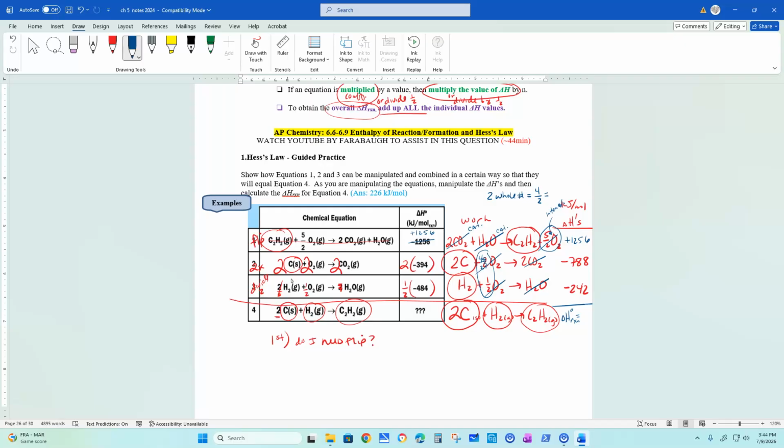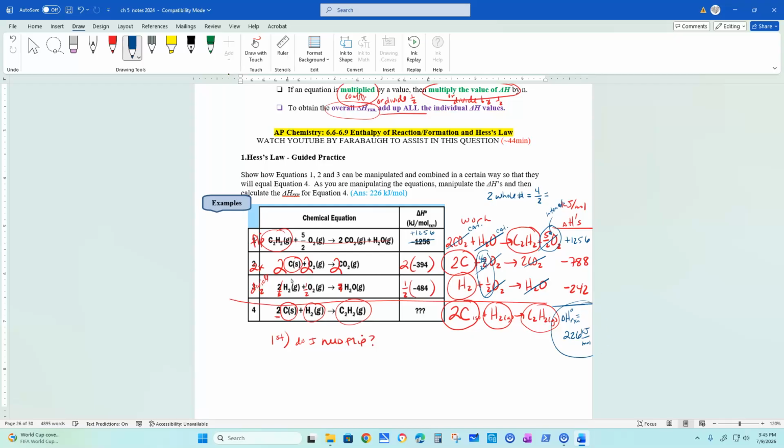So 1256 plus a negative 788 plus a negative 242. And if we did this right, we're going to get that answer, which we did, which is 226. So 226 in kilojoules per mole.